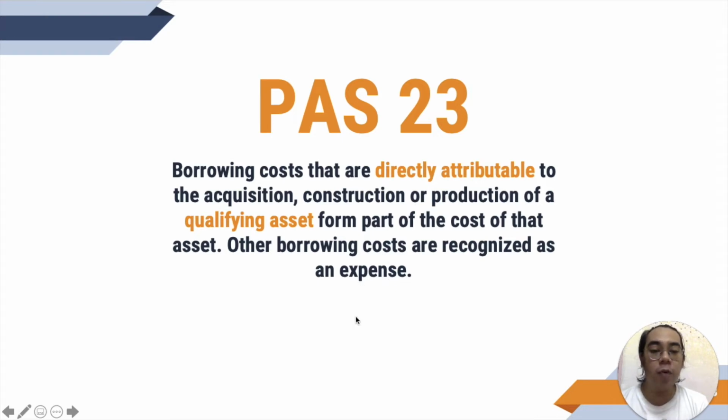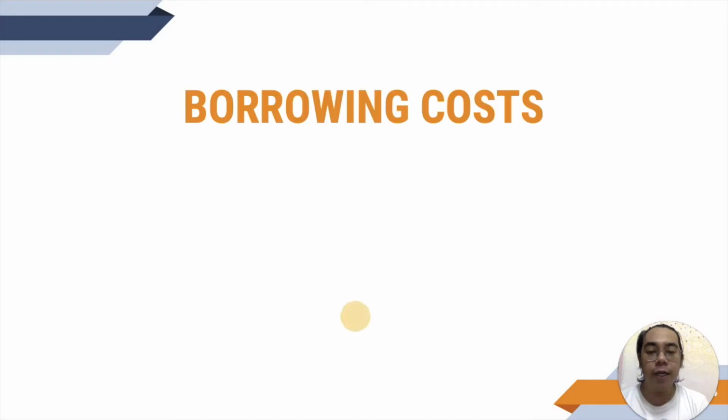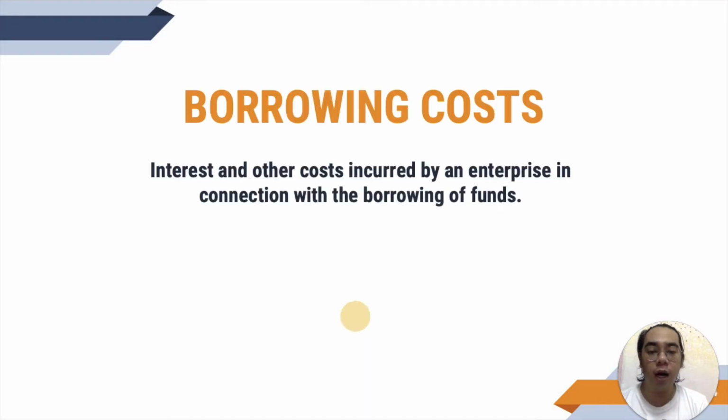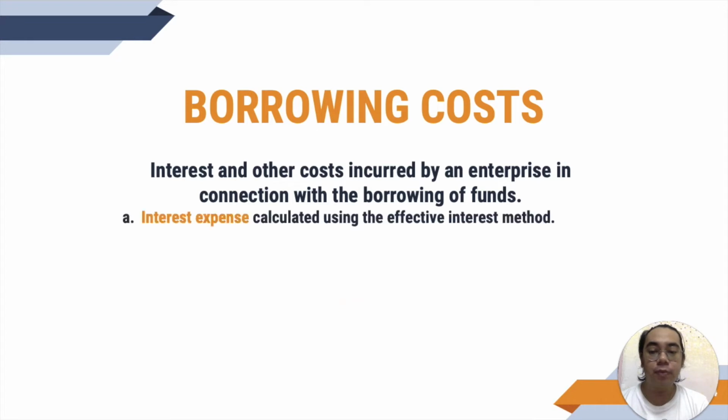So, what are borrowing costs as defined by PAS 23? Borrowing costs are interest and other costs incurred by an enterprise in connection with the borrowing of funds. So, you borrowed because you are constructing a building, and the interest and other costs incurred are called borrowing costs. These are some examples.